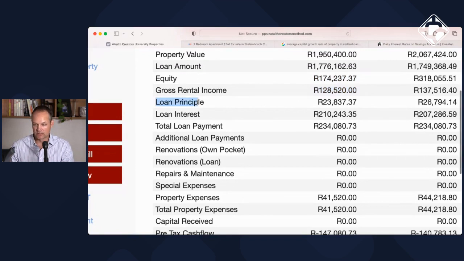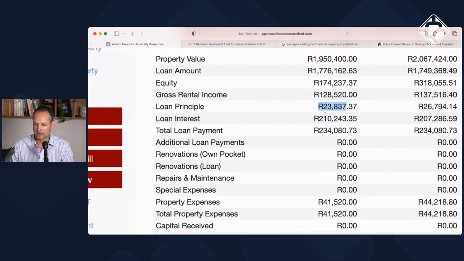In terms of the loan, whenever you pay it back there's the capital or principal amount and then the interest. In the beginning, the interest is the biggest component: 210,000 of our repayment will be interest and only 23,000 will be the principal amount. Hence, we registered the bond for 1.8 million, we pay back 23,000, but we still owe 1.776 million.